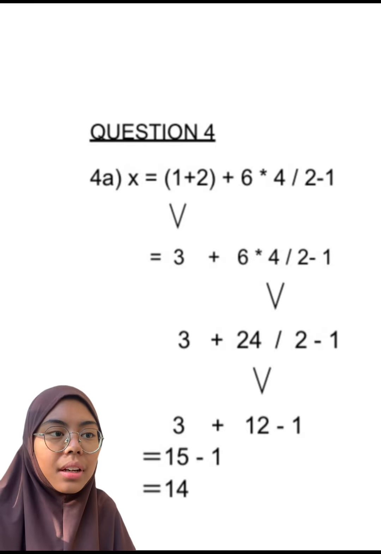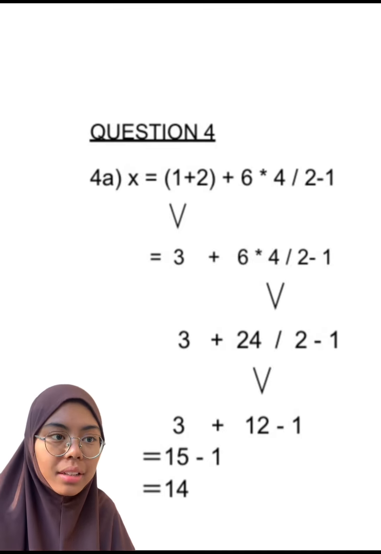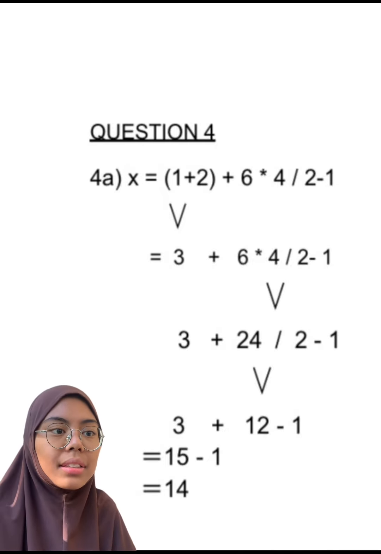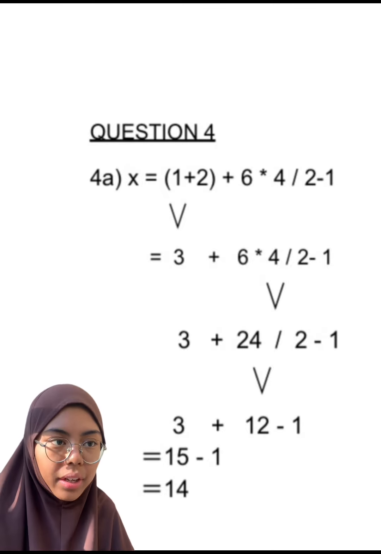So in this question, because the bracket is the most priority, we solve it first, 3. Then 6 times 4 divided by 2 minus 1.